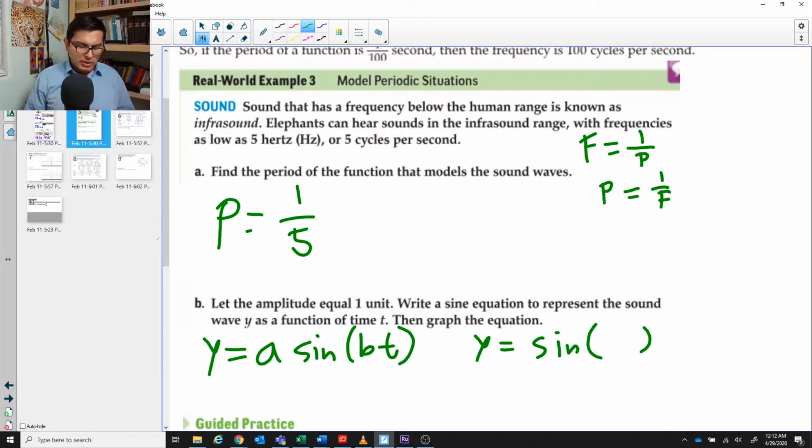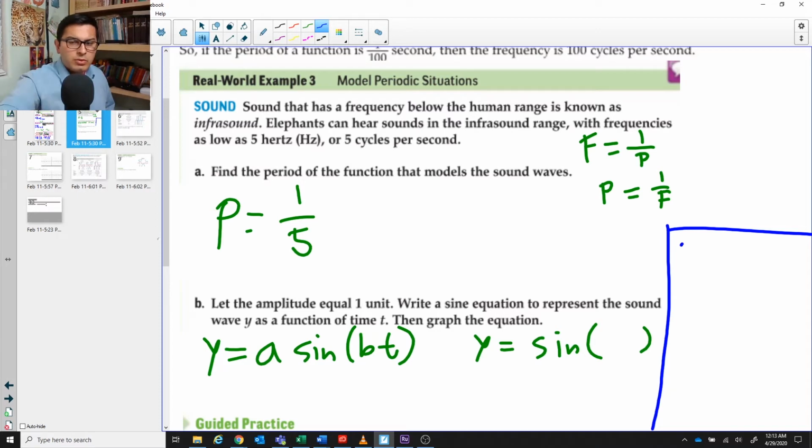Let's deal with degrees because I know that everybody's a little bit more comfortable with degrees, but you could also use radians if you want to. Now to figure out b, we're going to have to do something a slight bit fancy. This comes from the equation that we know before, as our period is going to be 360 degrees over our b value.